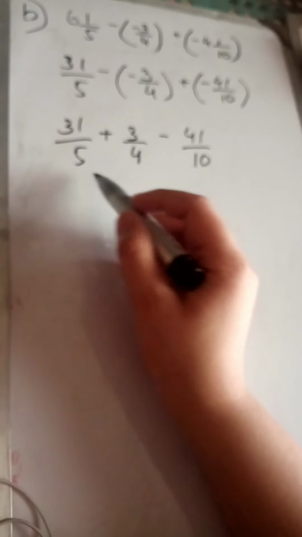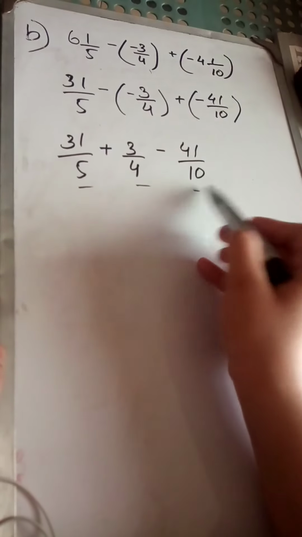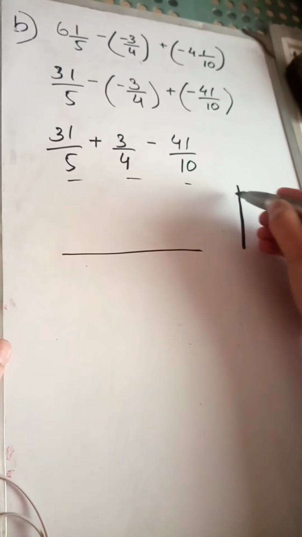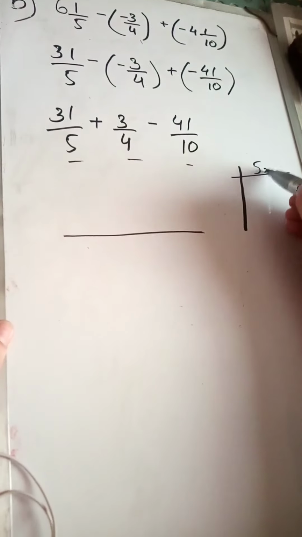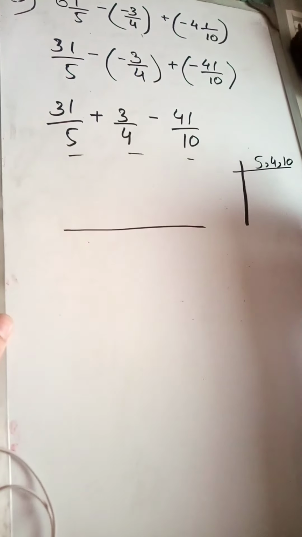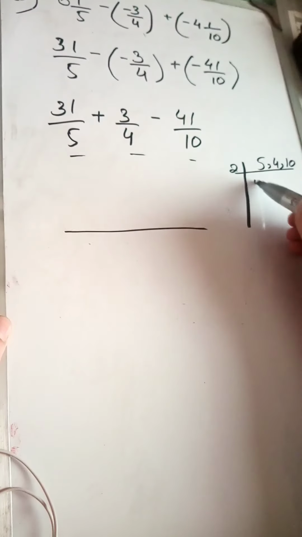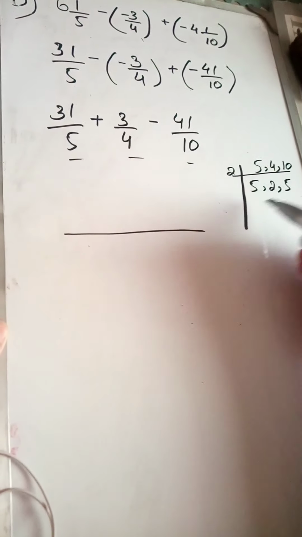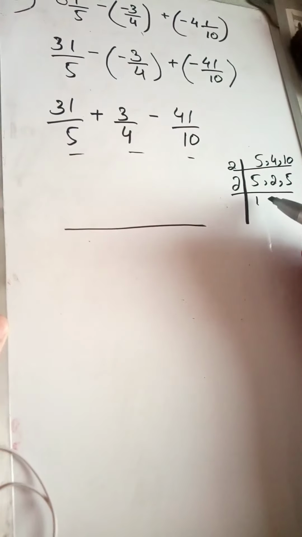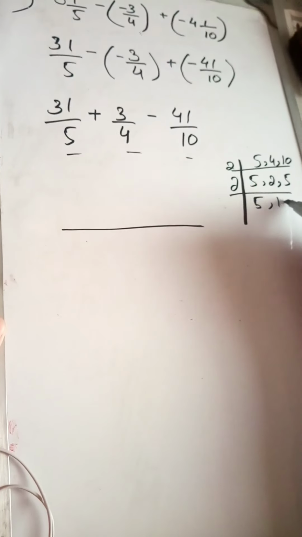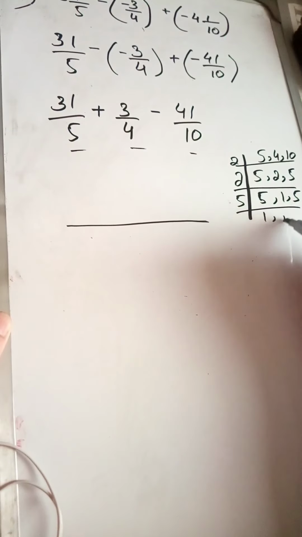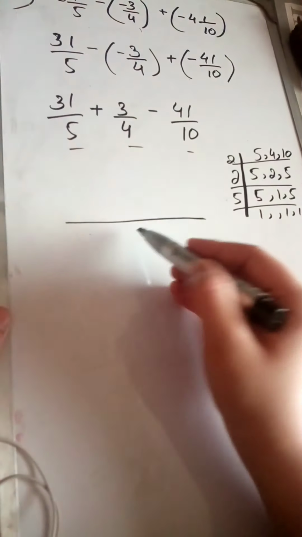Now in the next step we take the LCM of 5, 4 and 10. 5 will be the same. 2 2s are 4, 2 5s are 10. Then again with 2, 5: 2 1s are 2. And next divided with 5, 5 1s are 5 and 5 1s are 5. So what is the LCM? 2 2s are 4 and 4 5s are 20.